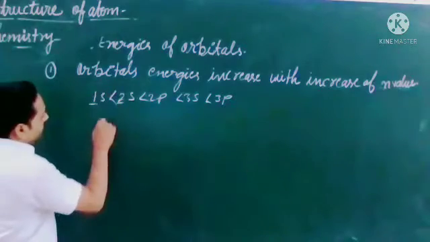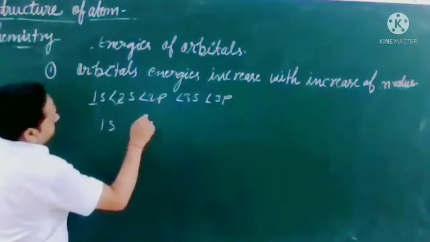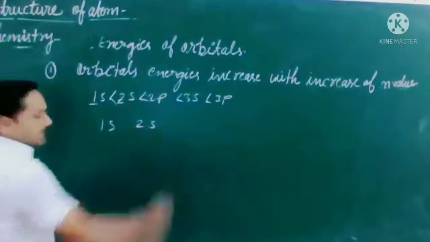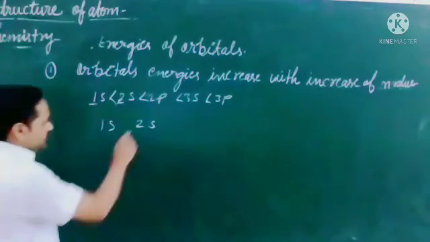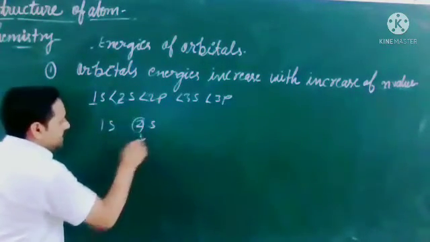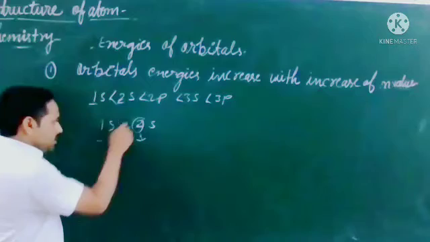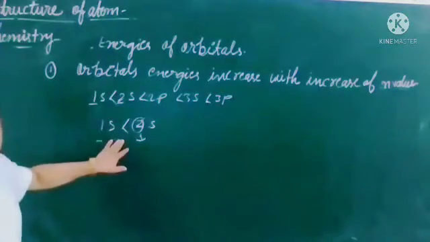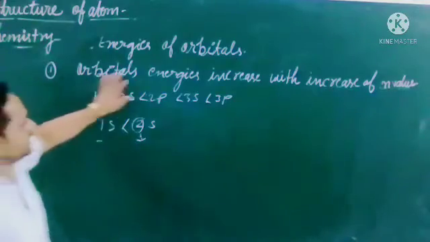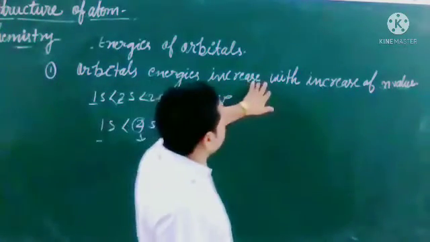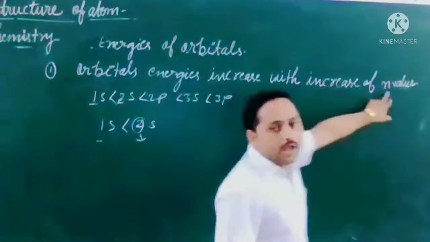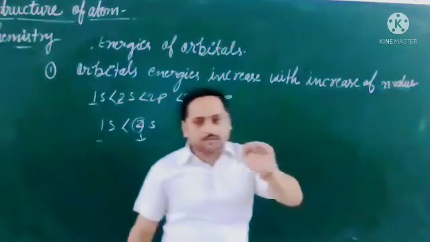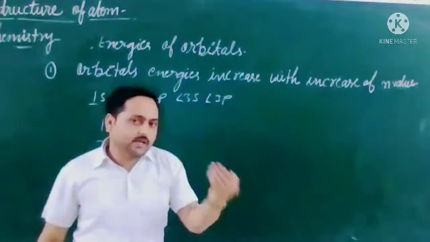If we talk about 1s and 2s, the n value of 2s is higher than that of 1s, so that orbital's energy is higher. As the n value increases, the orbital's energy increases.